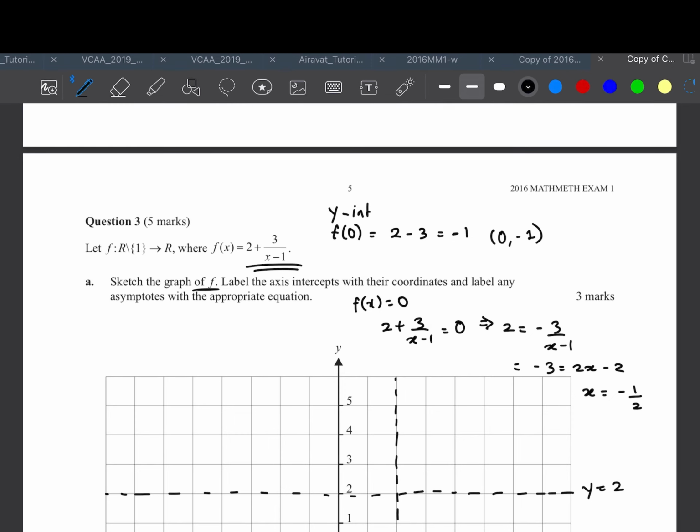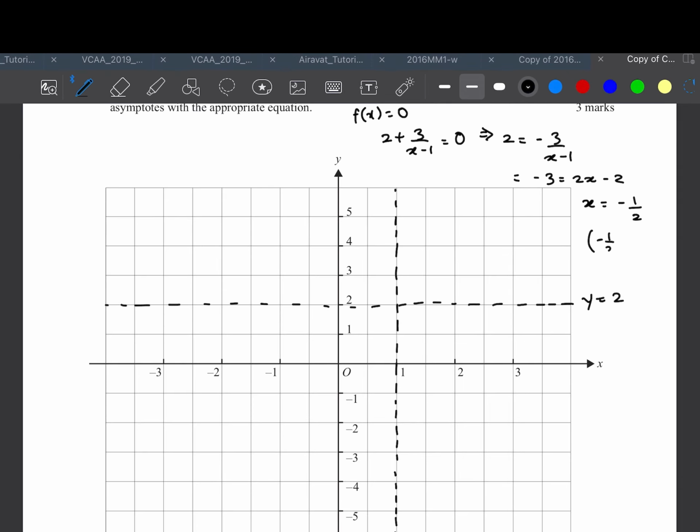So our x-intercept here is going to be -1/2, 0. So let's label them real quick. So 0, -1, and -1/2, 0. Now we have the axial intercept, now we have the asymptote.